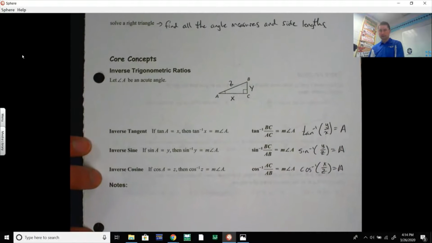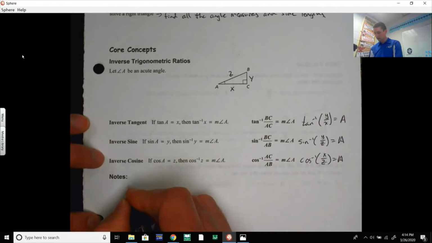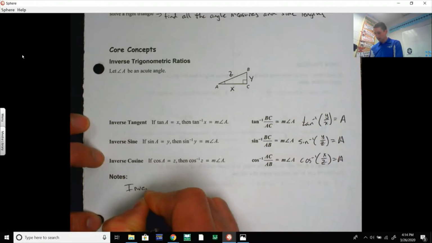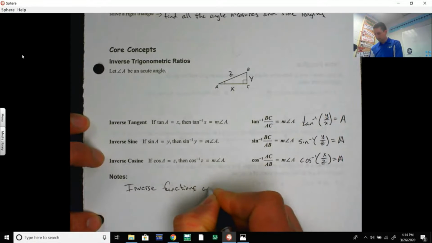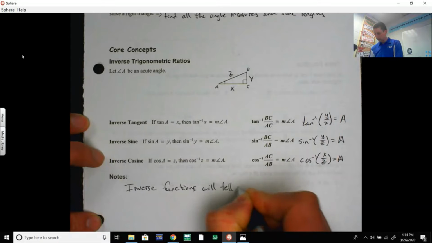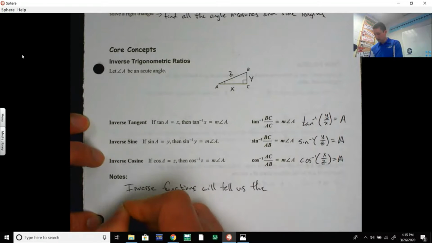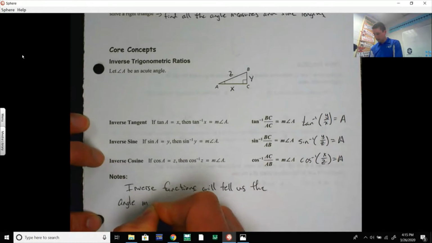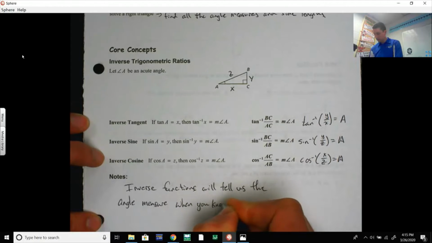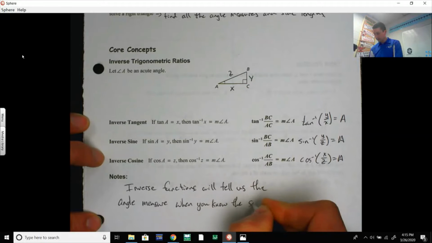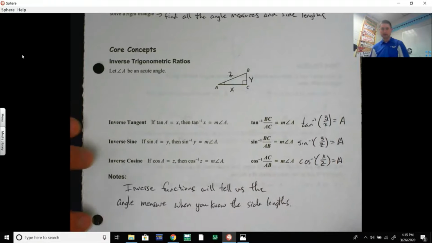Okay, so the inverse functions will tell us the angle measure when you know the side lengths.